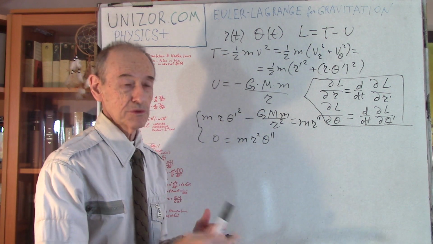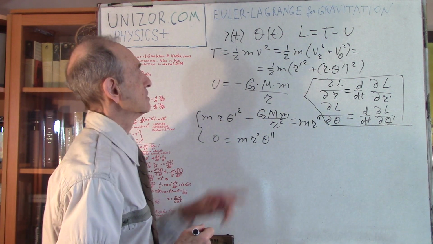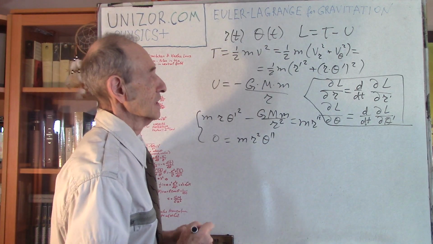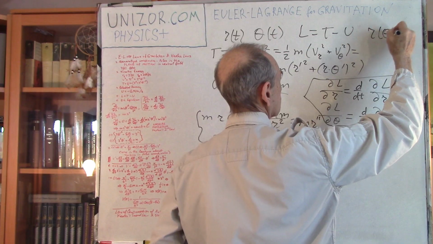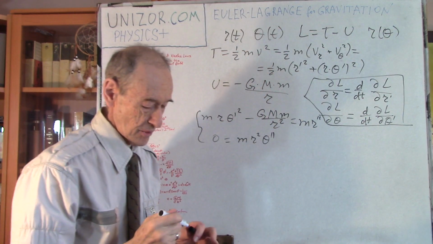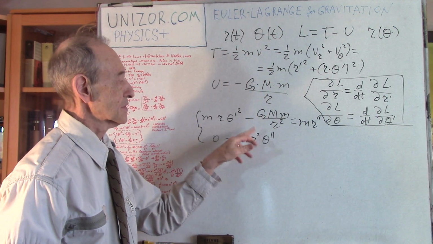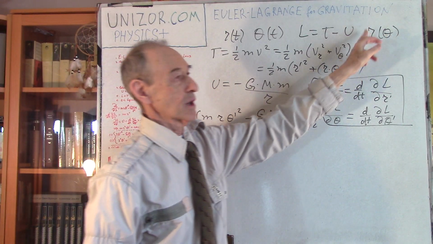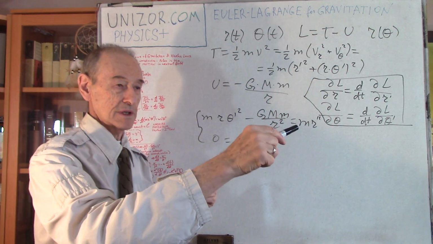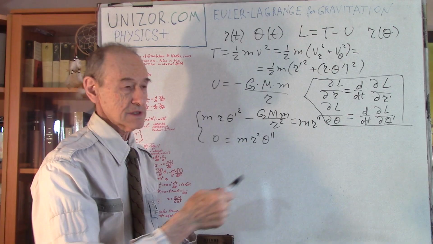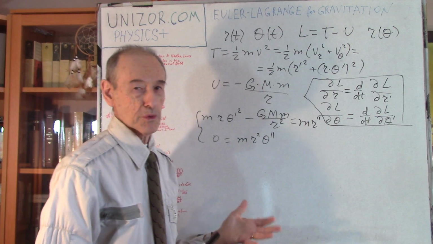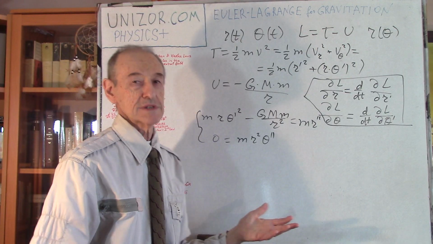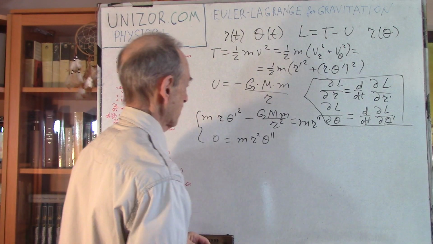We have to continue, because in polar coordinates it's not really r of t and theta of t. Traditionally polar coordinates is r of theta. So we somehow have to derive from this type of equation the dependency of the radius, the distance, from the angle. That's how the true polar coordinates work, and that's how all the orbits are actually expressed.